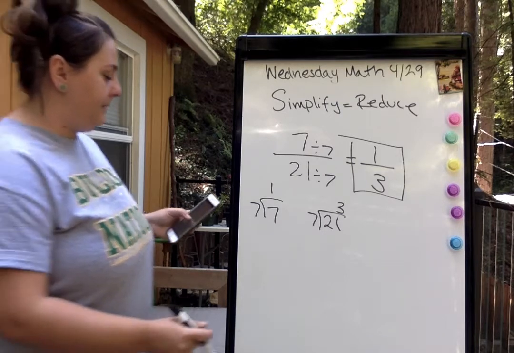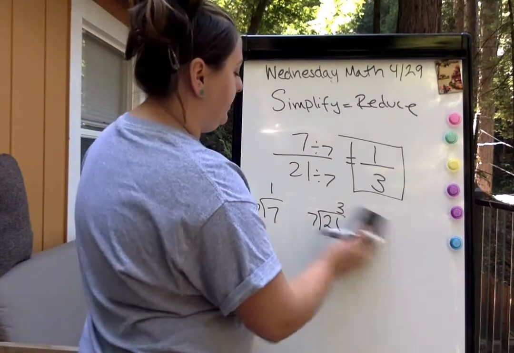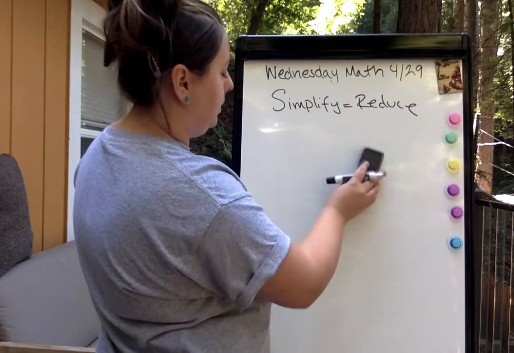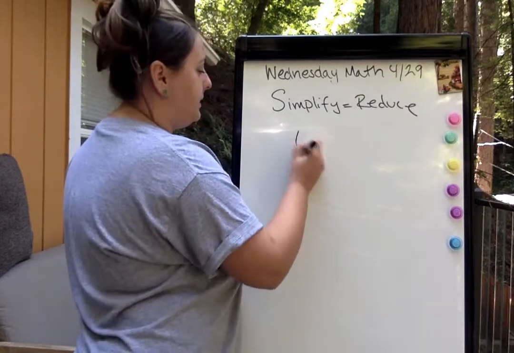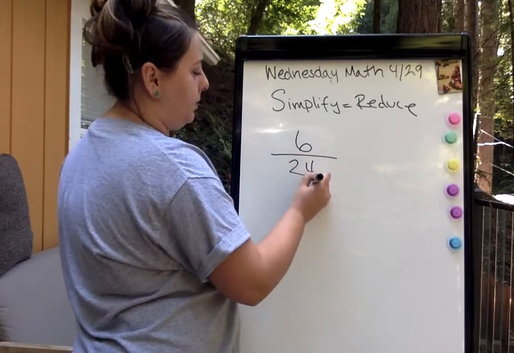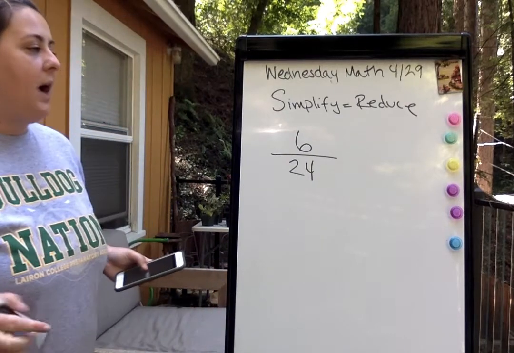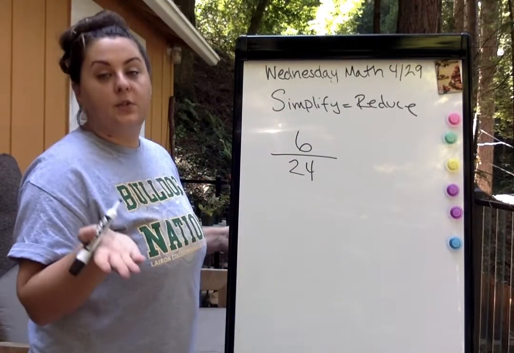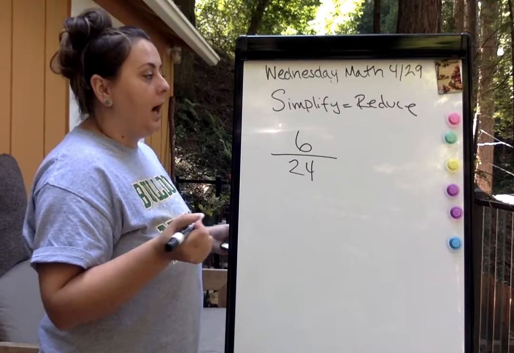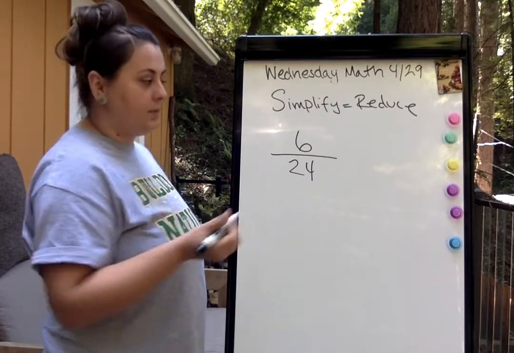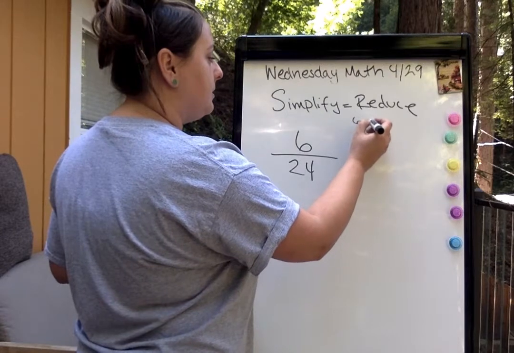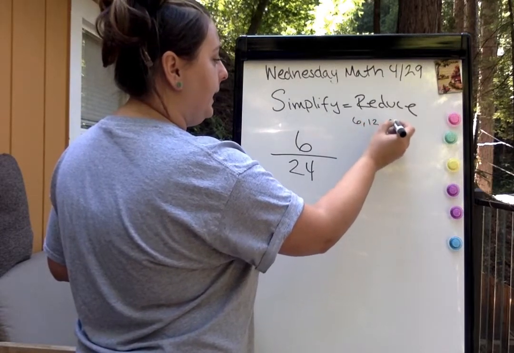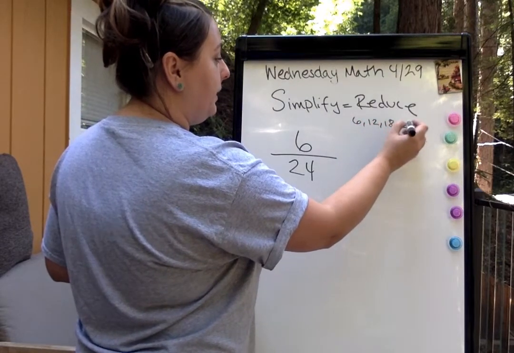We're also going to simplify the fraction 6/24. So 6/24. Now, I need to find a number that's going to go into both of these. I could start with 2. I could also skip count. So if I skip count 6, 12, 18, 24.